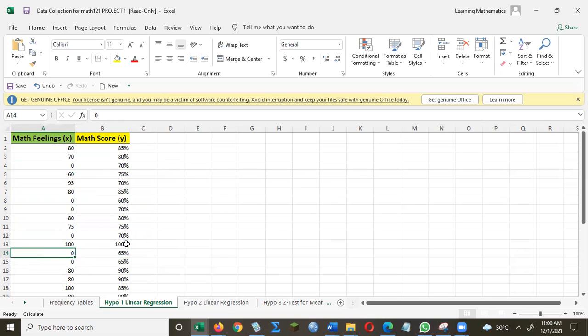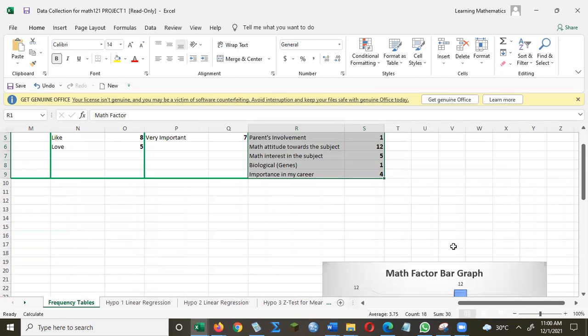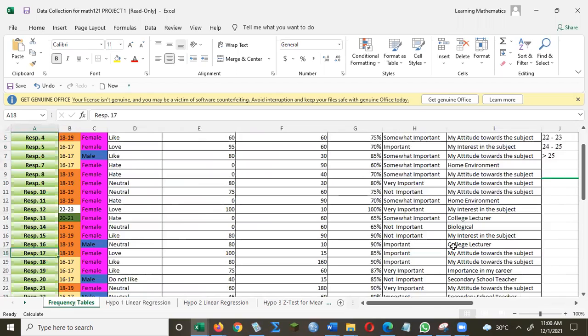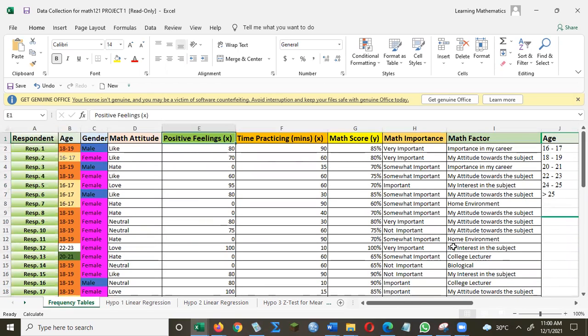Someone thinks she sees an error. Okay. So it's not the positive feelings you copied? Or you think you confused it with the attitude of like and love and so forth? Those numbers are 80, 70, 0.